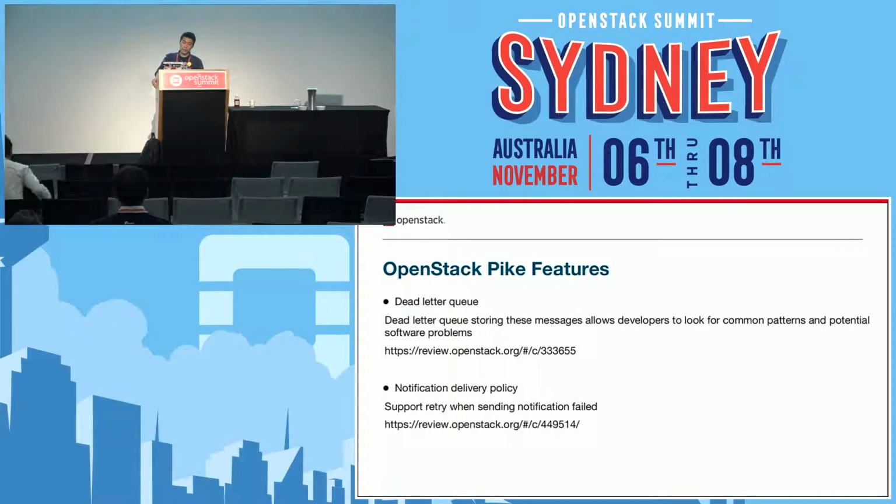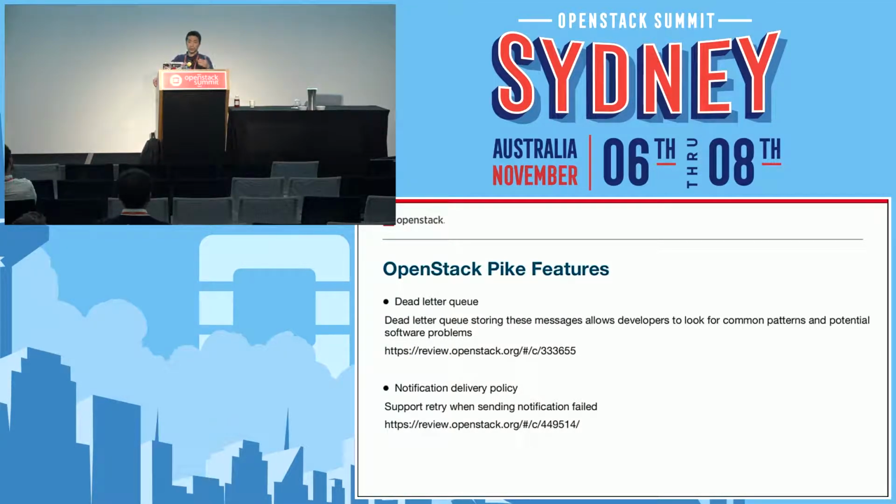And we have implemented the notification delivery policy. As I mentioned on the previous page, Zaqar is also a notification service. So when you send a notification to another REST API service, it could fail.